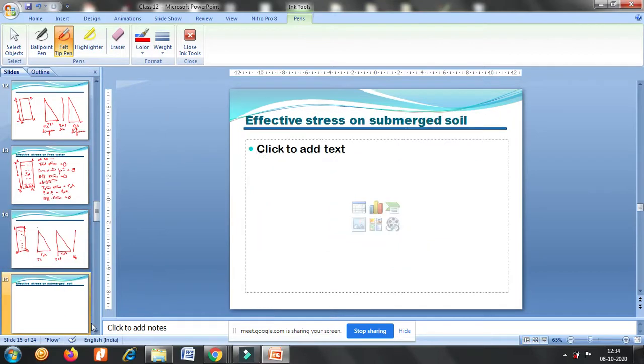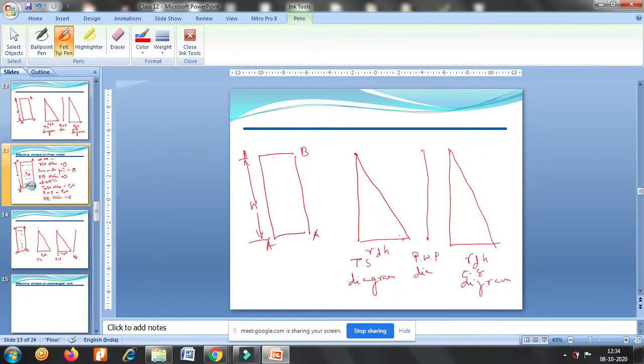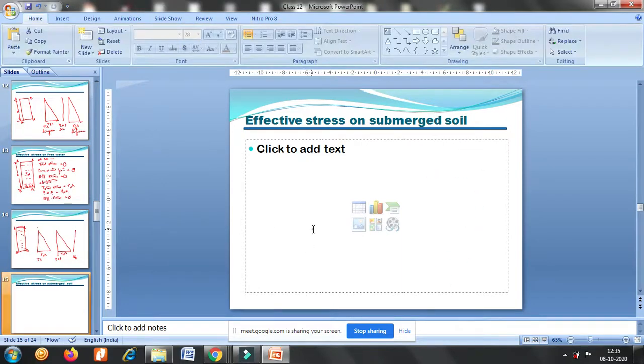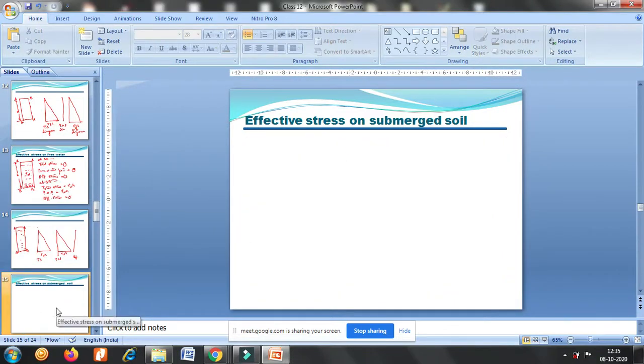Now let us consider something slightly different. Now the soil and the water. Initially we considered only soil, and in the second problem we considered only water. Now let us consider the soil and the water together. Now let me draw the diagram.